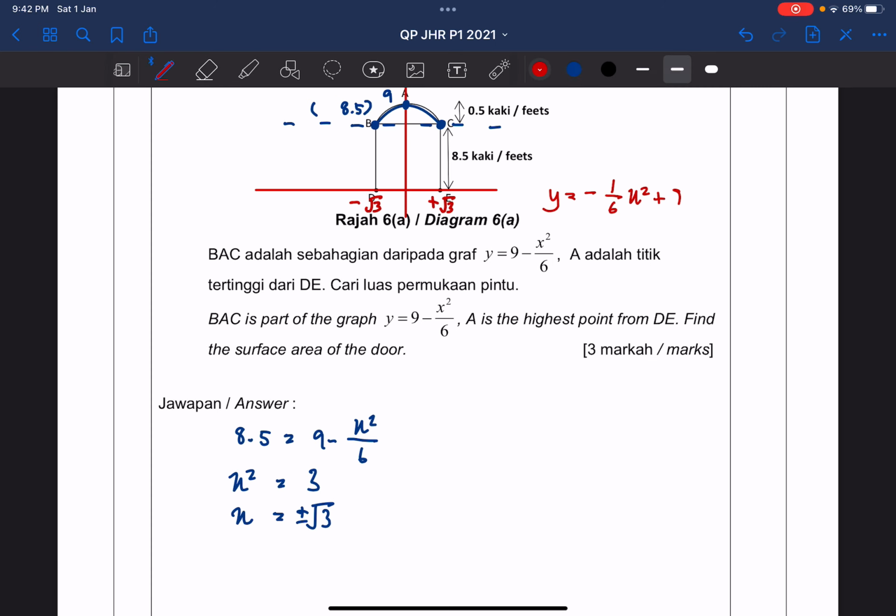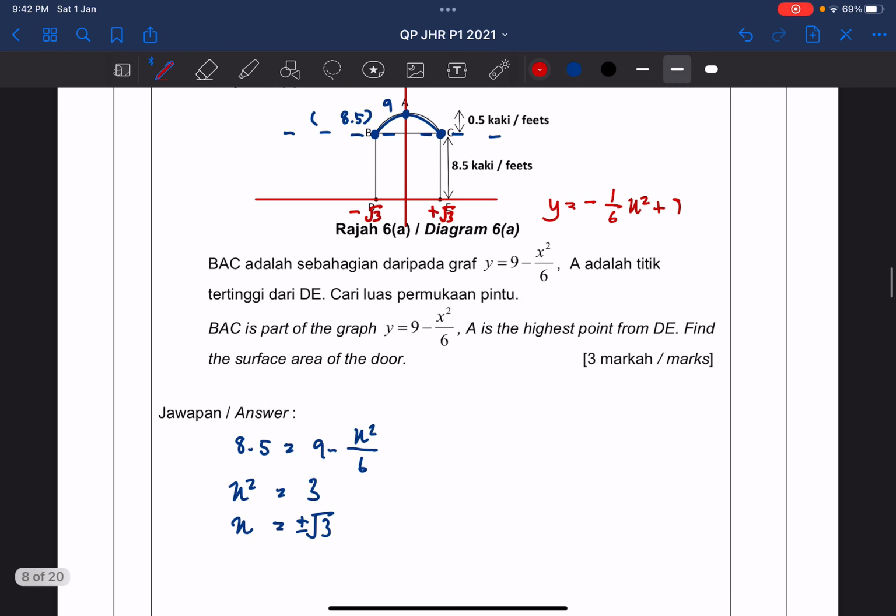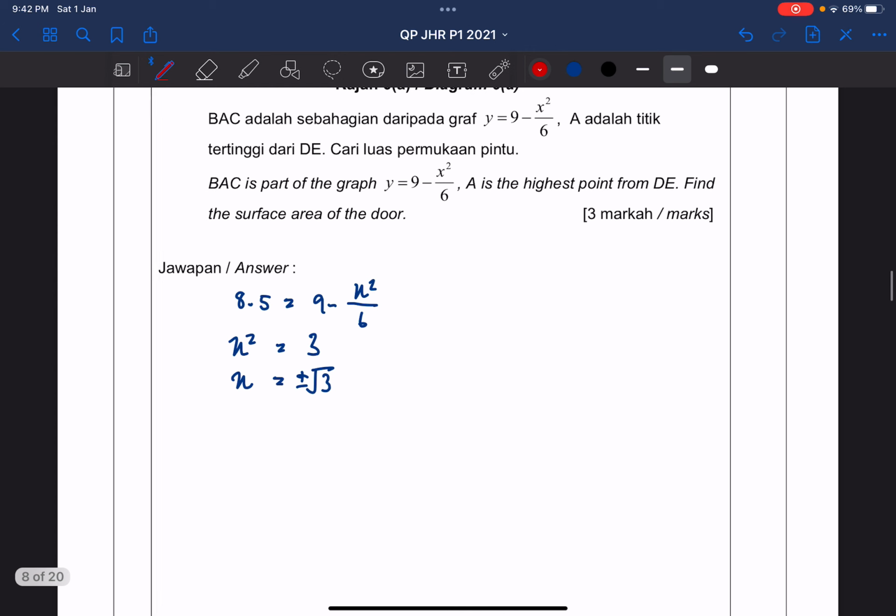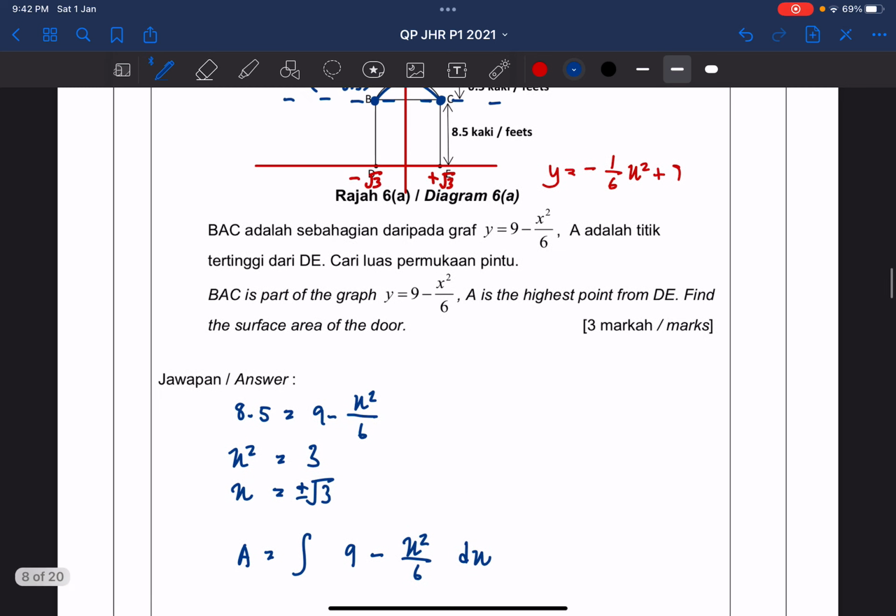So after we get the x-coordinates, we can do the integration. We need to integrate in order to get the area. In order to get the area, we need to integrate 9 minus x squared over 6 with respect to x, dx. So we integrate with respect to x.